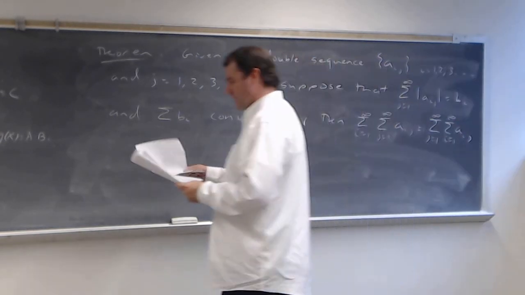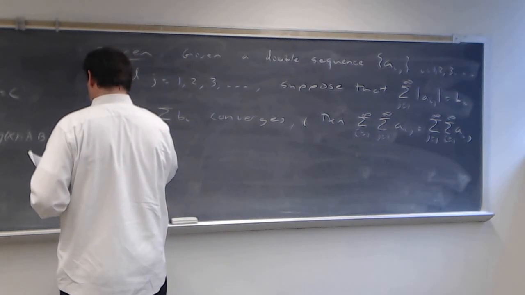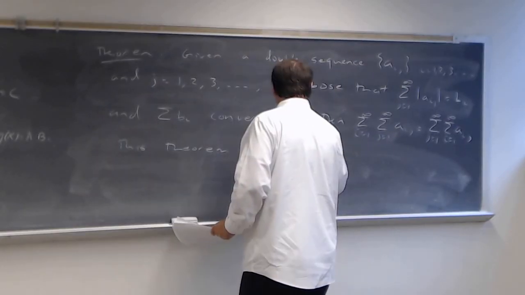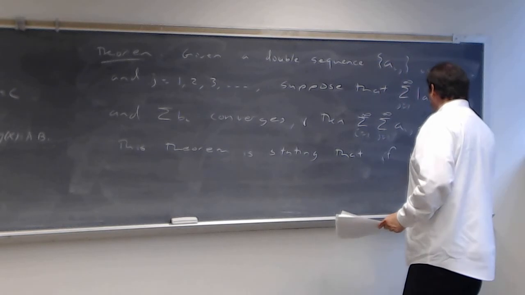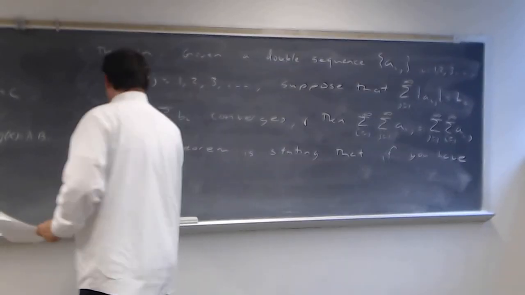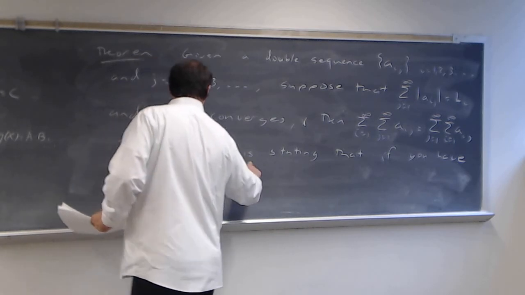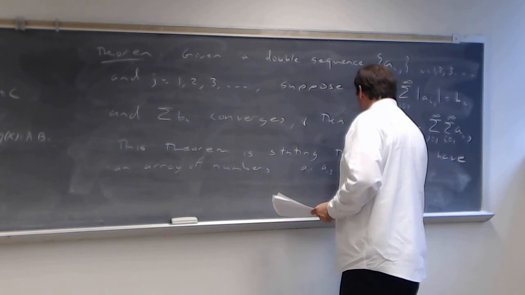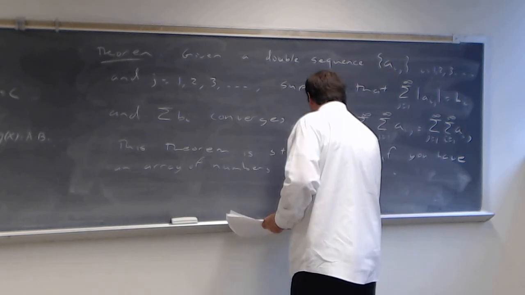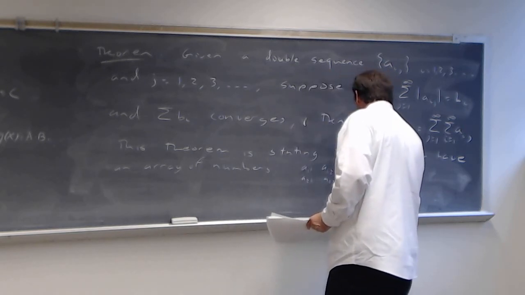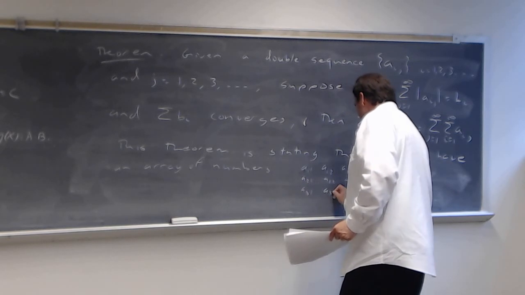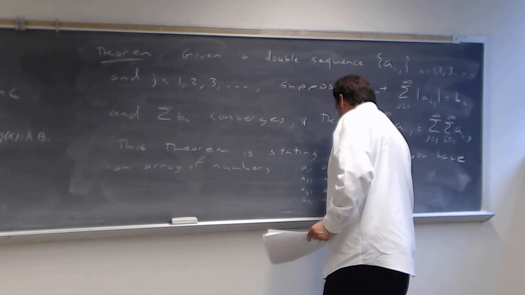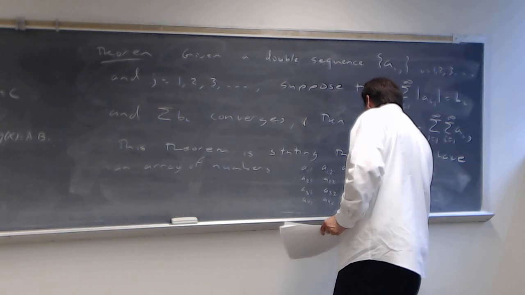A way of understanding this is that this theorem is stating that if you have an array of numbers, and this is an infinite array, and here we have A11, A12, A13, A14, and so forth, and A21, A22, A23, A24, and so forth, and A31, A32, A33, A34, and forever, and A41, A42, A43, A44, and forever down, like this.